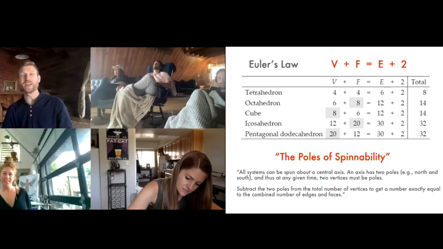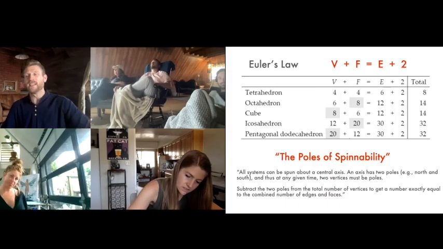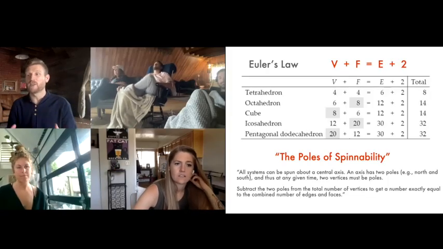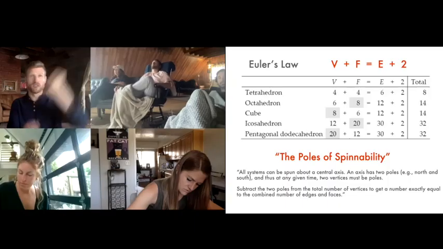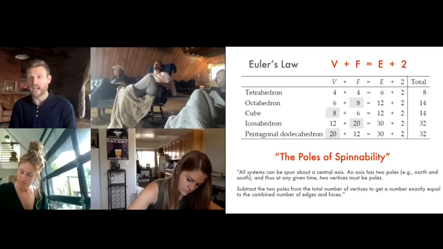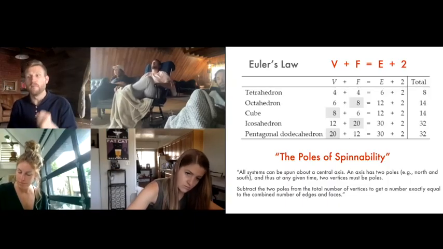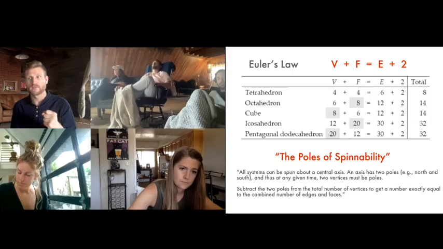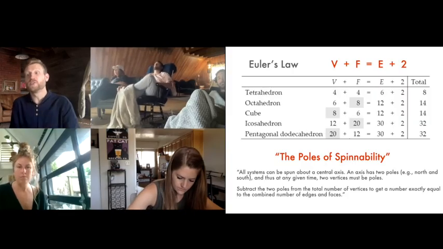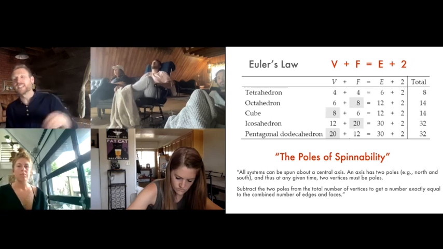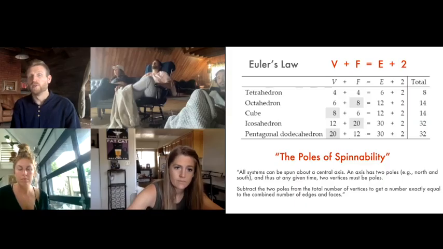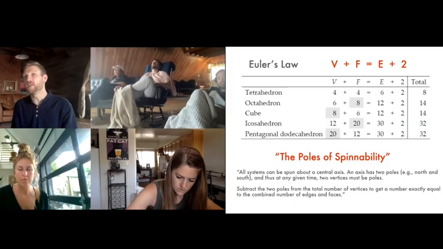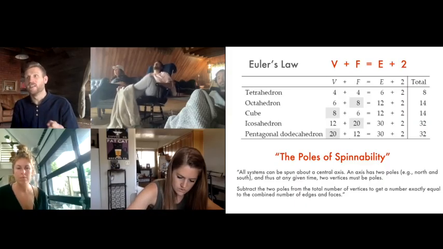So anyway, here we have the poles of spinnability. And he says all systems can be spun around a central axis. An axis has 2 poles, north and south pole. And thus at any given time, 2 vertices must be poles. So if you subtract the 2 poles from the total number of vertices, you get a number exactly equal to the combined number of edges and faces. So basically what that number 2 does is it's giving us the polarity.